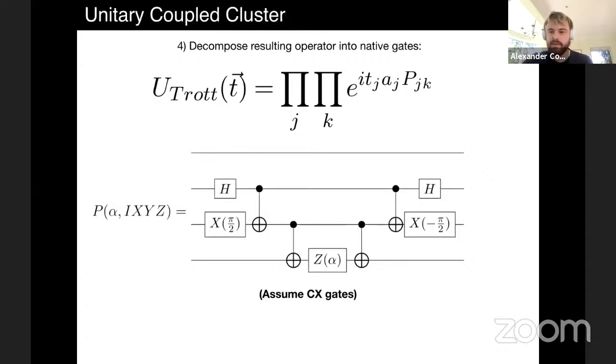So all of these hardwares should be able to perform either CNOTs or some other Clifford two-qubit gate for which local unitaries are sufficient to transform into CNOTs. And bear in mind that these local unitaries are cheap, as in they won't require entangling gates.